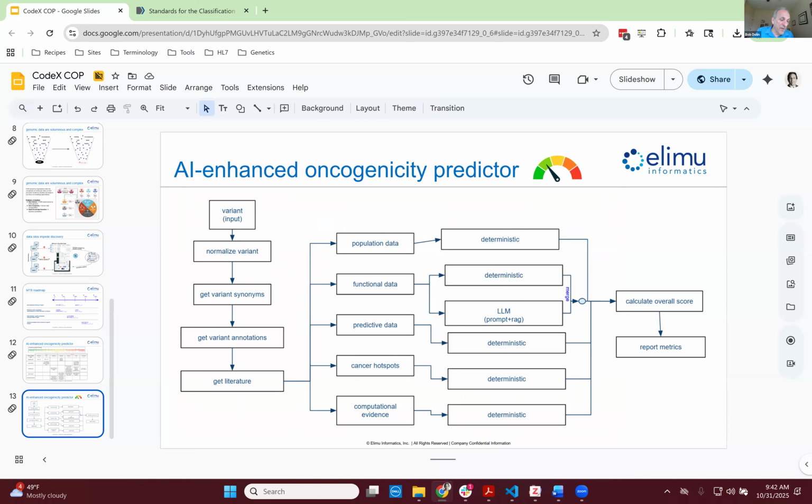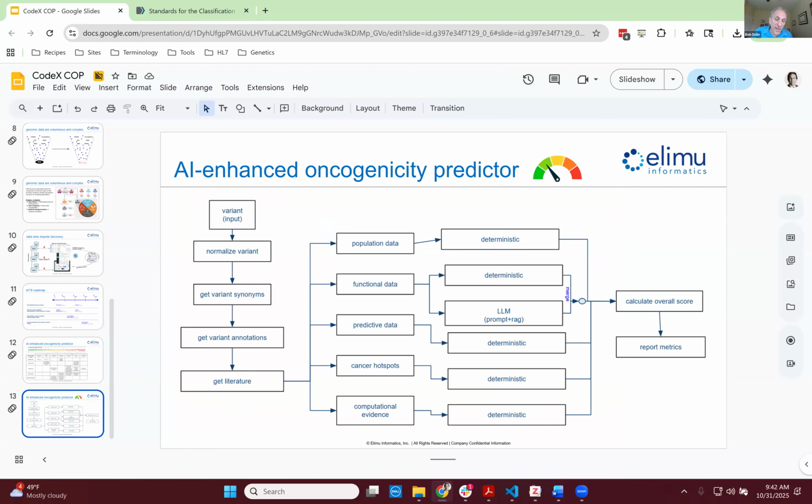And this is an example of an open source decision support framework that we have a group of students working on now that will ultimately probably be done by the end of the year. It'll get donated to the molecular tumor board use case if people want to play with it. And it takes as input a variant and it outputs what the overall oncogenicity prediction is.